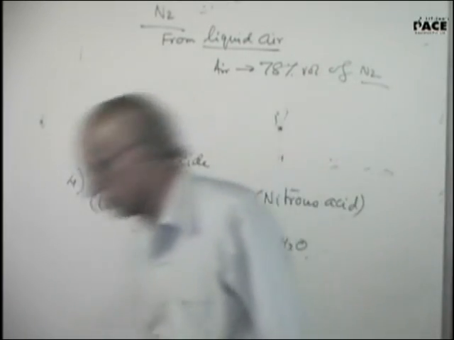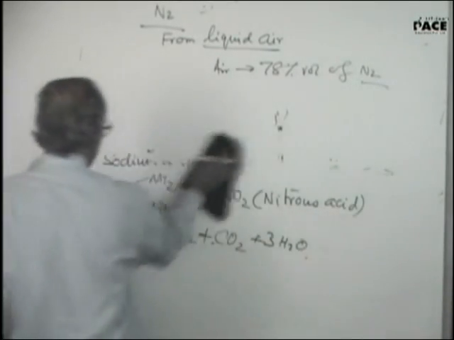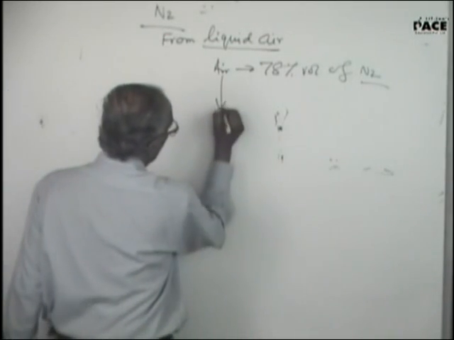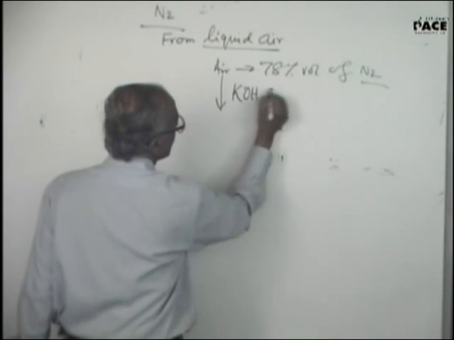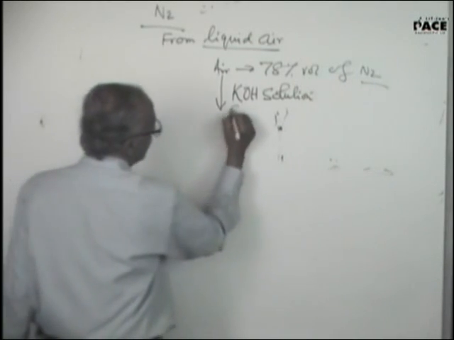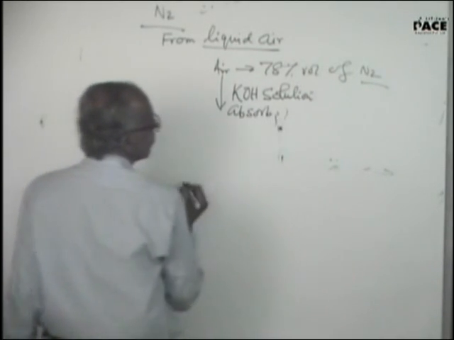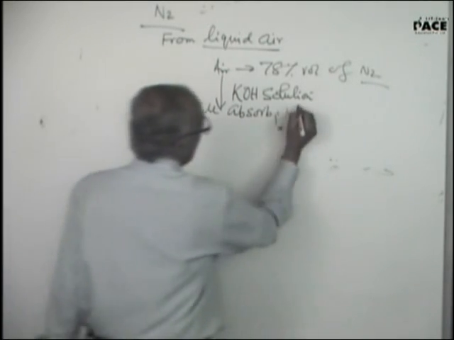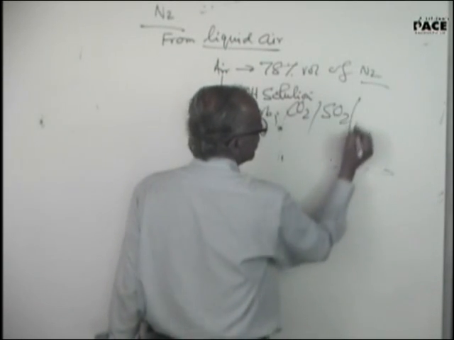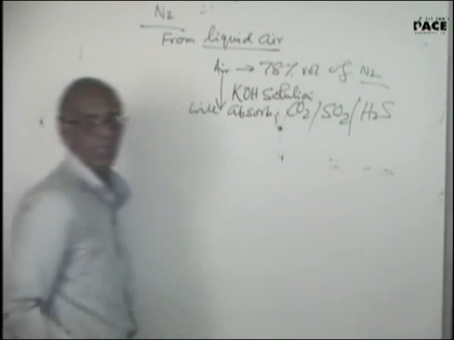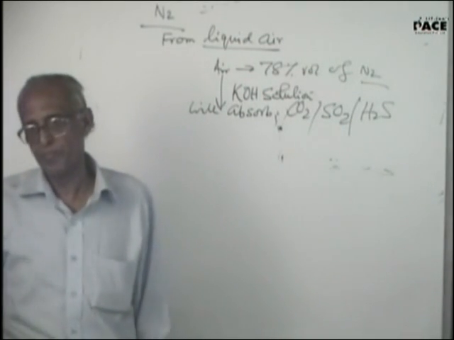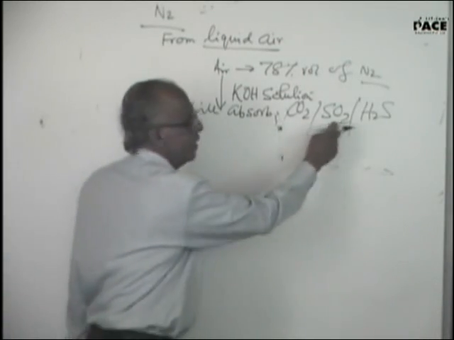So what do you do? You take air and pass it through KOH solution, which will absorb carbon dioxide, sulfur dioxide, H2S, all of which are present in air, because they are acidic.